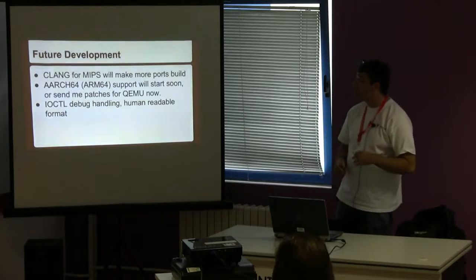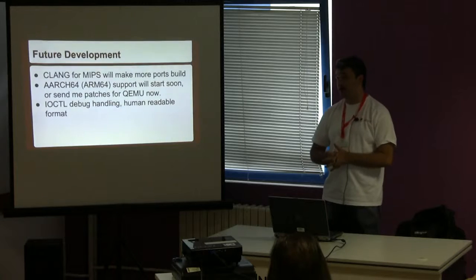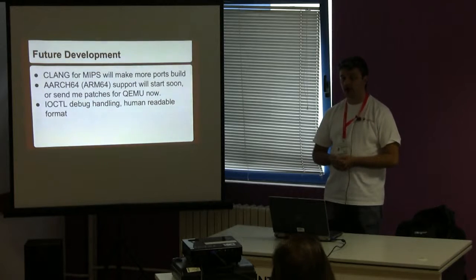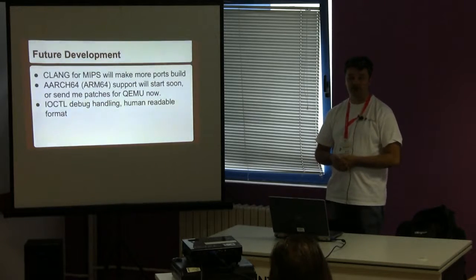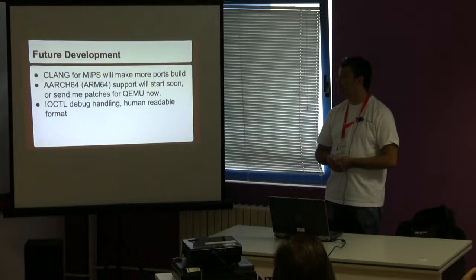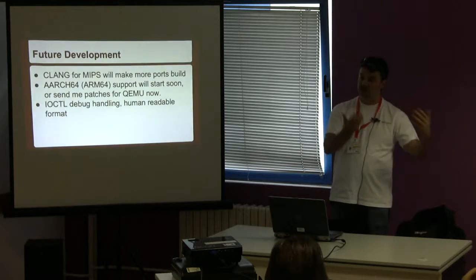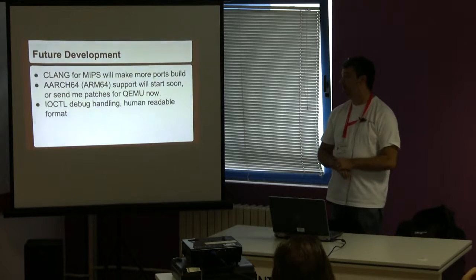So for the future, what's going to happen soonish? I have been promised Clang for MIPS over and over and over again. Clang for MIPS will help a lot. Soon we'll be having ARM64 support in QEMU and FreeBSD, which means we'll be building packages for that.